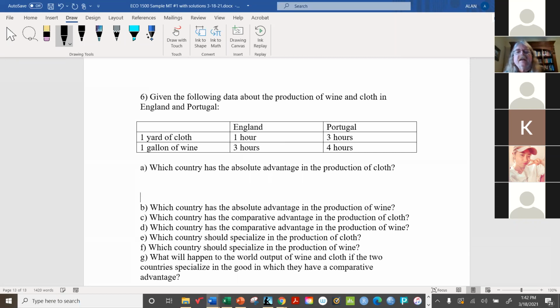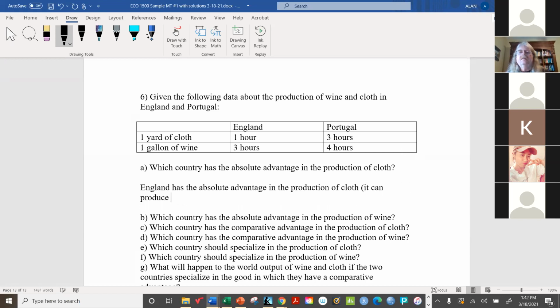First of all, if you look at England, they only need an hour of labor to make cloth versus 3 hours for Portugal. And they also only need 3 hours to make wine versus 4 hours in Portugal. So England has the absolute advantage in the production of cloth. In other words, it can produce cloth with fewer hours of labor.